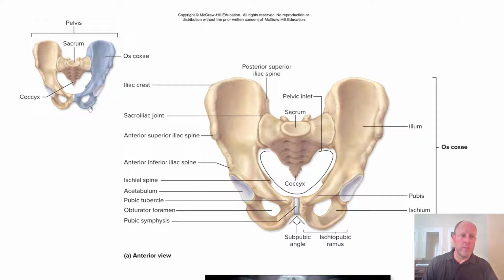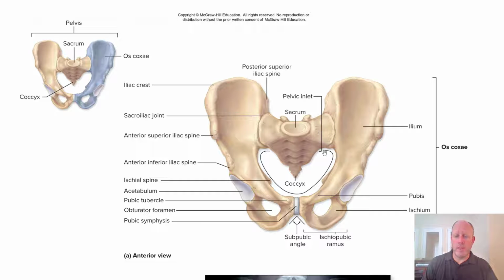So of course, this whole body being the pelvis: sacrum here, one Os Coxa, the other Os Coxa, a coccyx, the tailbone here. For the pelvis itself in the anterior view, we have the posterior superior iliac spine, the iliac crest, and the sacroiliac joint, the SI joint, where the spine meets the pelvis.